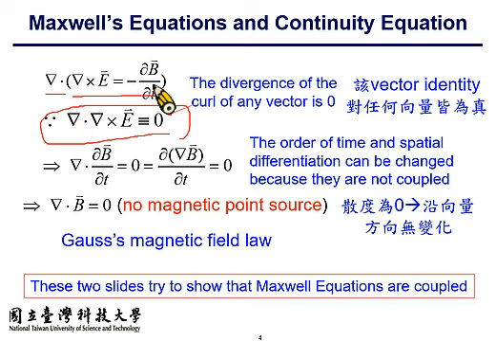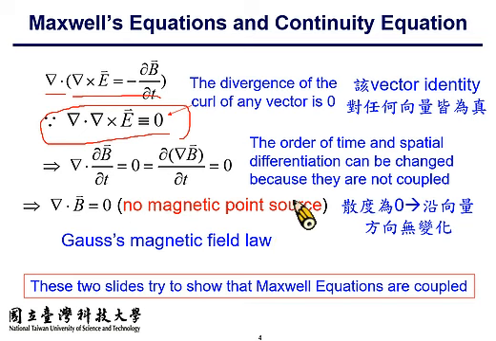So if you take the divergence on both sides, the left hand side goes to 0. Since the left hand side goes to 0, the right hand side goes to 0 as well. So the divergence of the time derivative of B must equal 0 as well.